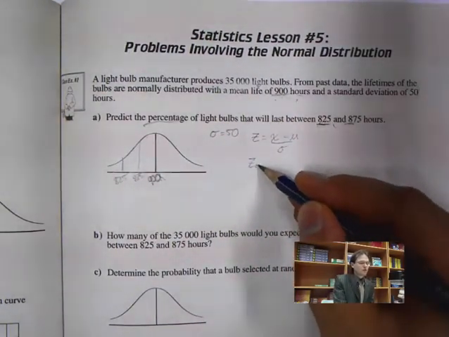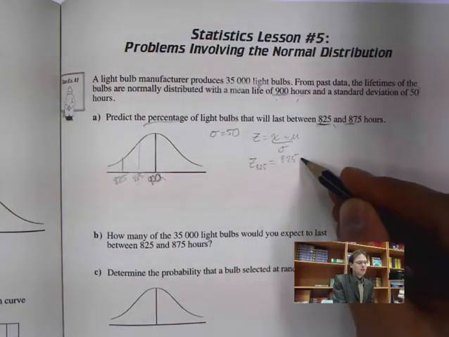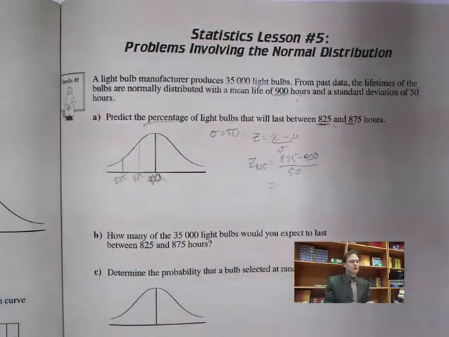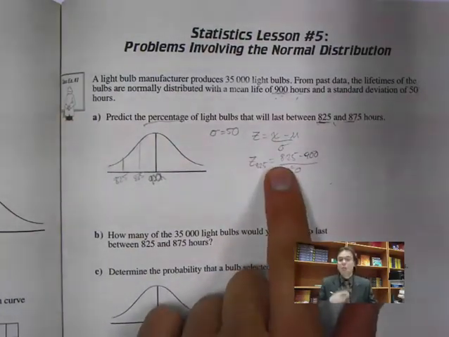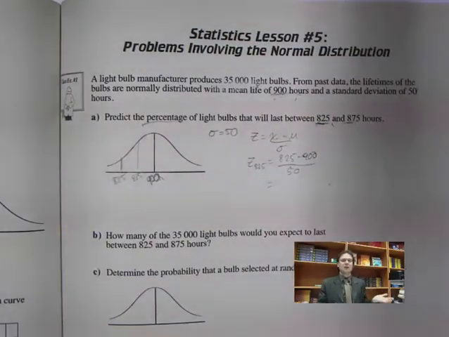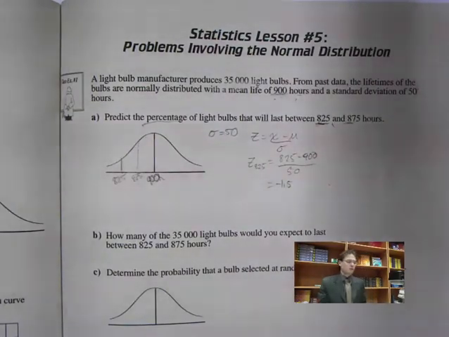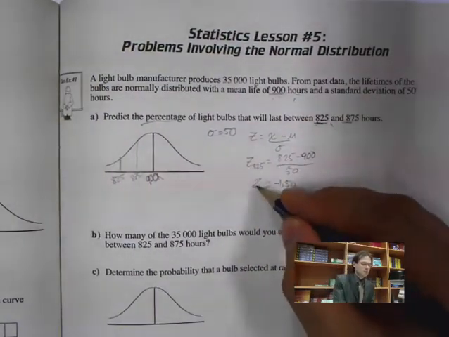The z-score of 825 is 825 subtract 900, which is the mean, all divided by the standard deviation 50. 825 minus 900 is negative 75, divided by 50 is negative 1.5. That's my z-score.